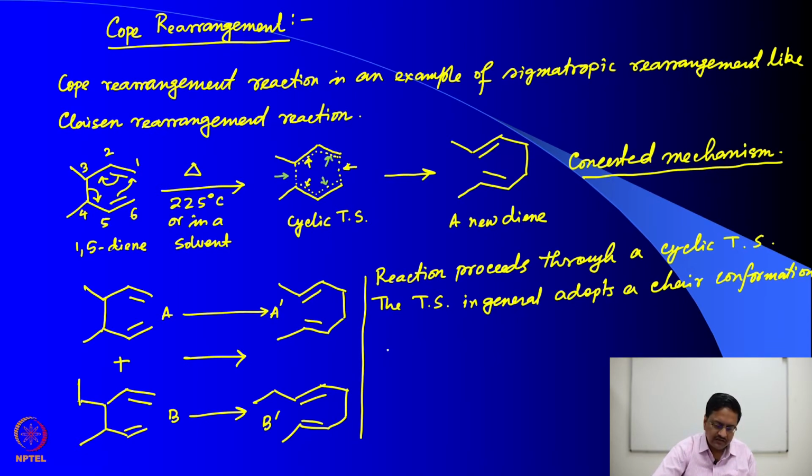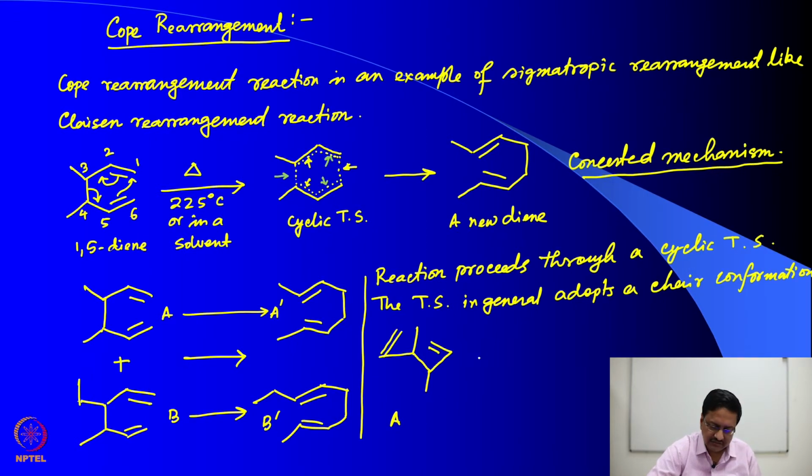So, if I draw the diene slightly differently, this is the diene molecule A drawn slightly differently.